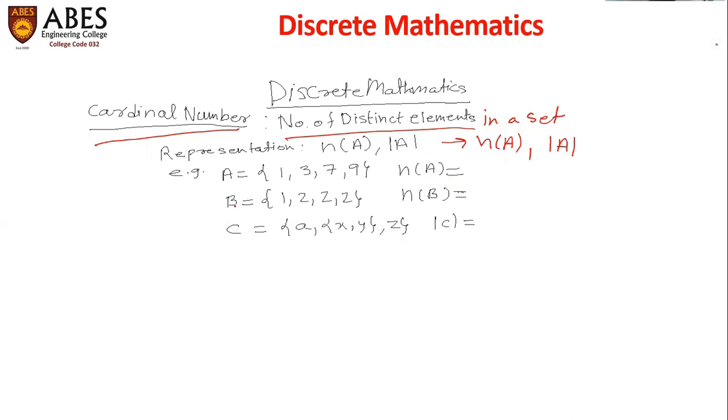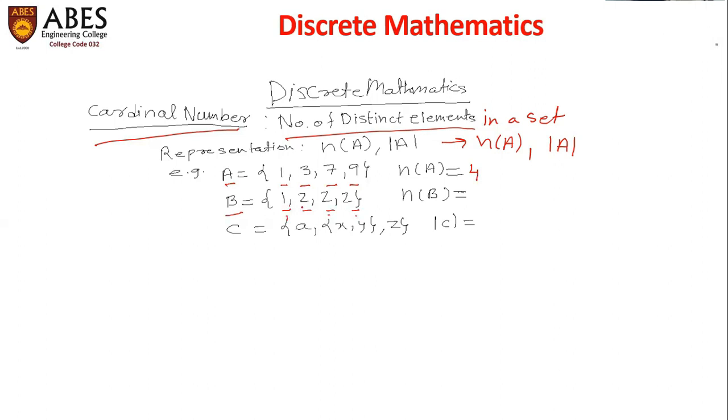Here I'm taking three examples. In set A, there are four elements and these elements are all distinct, so the cardinality of A is 4. Next, in the case of set B, there are also four elements: 1, then 2, again 2, then again 2.